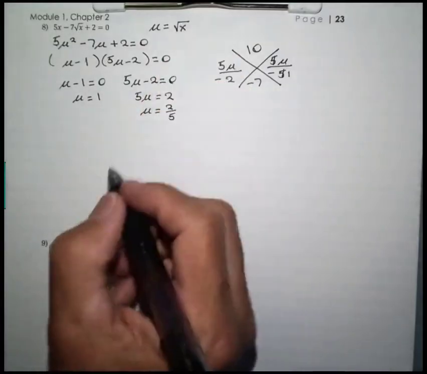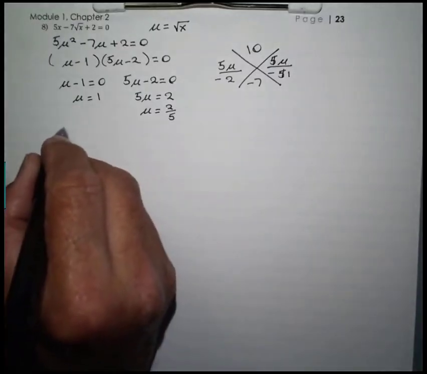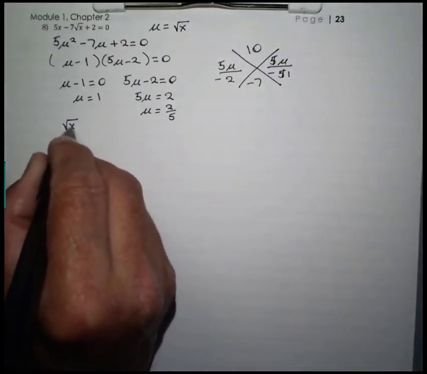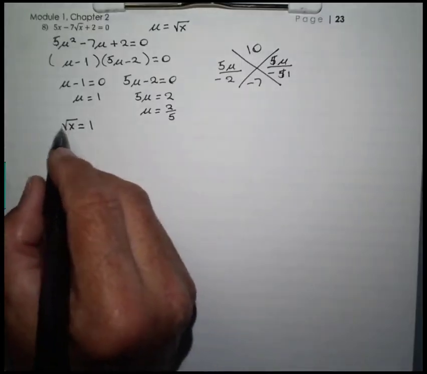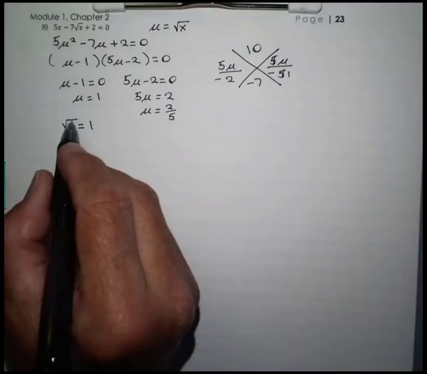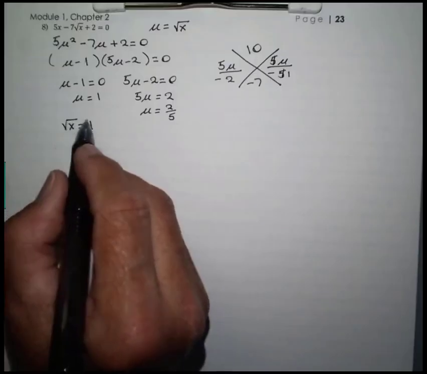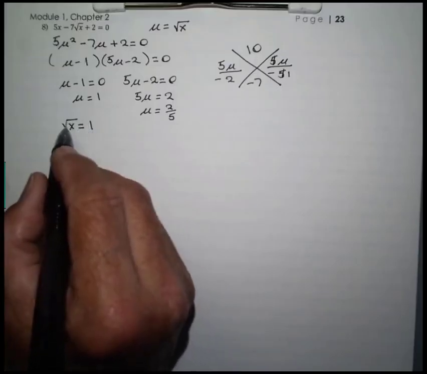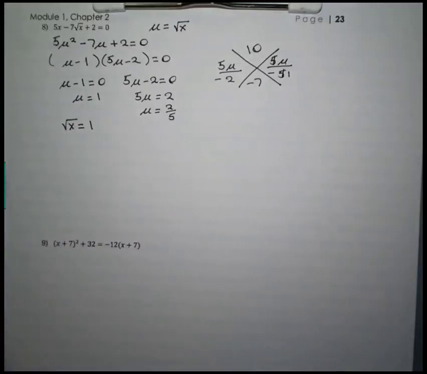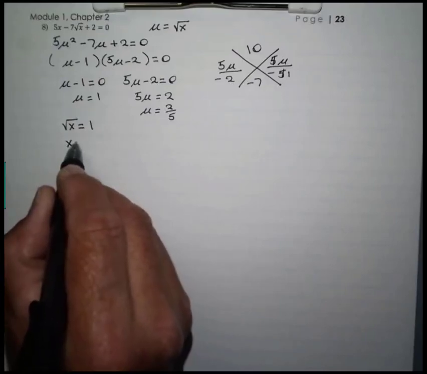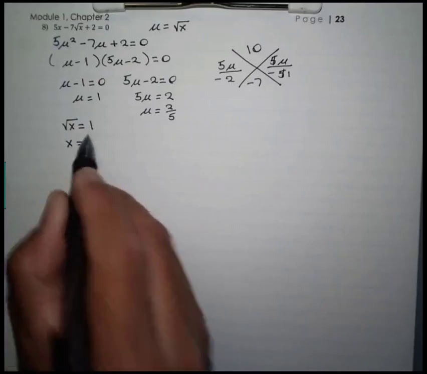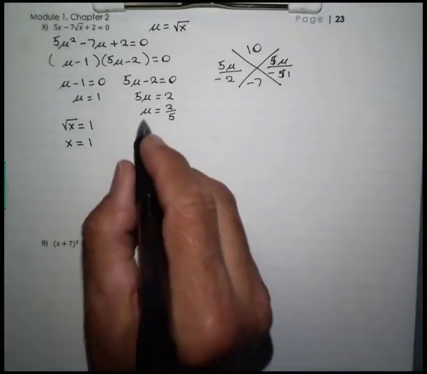So let's plug in the square root of x. This says the square root of x is equal to 1. Well, if I want to get rid of this radical, I basically just have to square it, don't I? So if I square this side, I get x. And if I square the other side, I get 1 squared, which is 1. Let's plug it in for here.